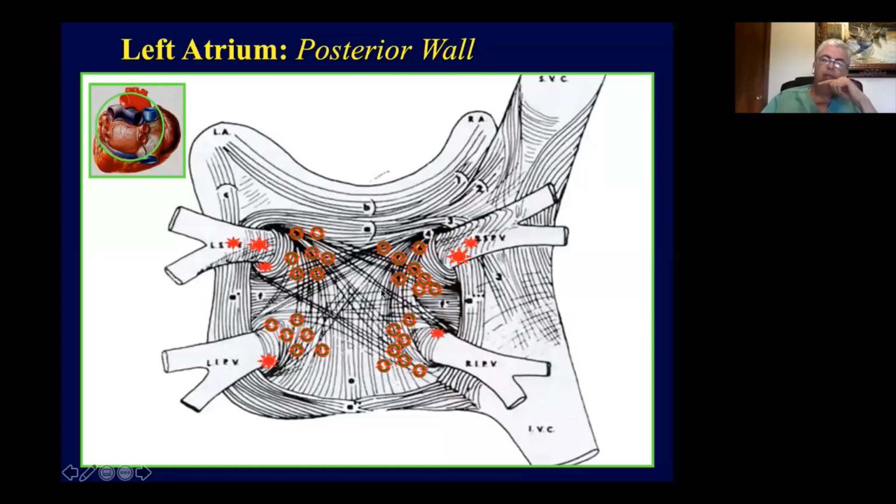So if we look at the back or posterior side of the heart, focusing on the left atrium with the pulmonary veins, and if we dissect and look at the muscle fibers of the left atrium, they are like bundles of muscle fibers that cross in a somewhat random way, and they go around the opening of the pulmonary veins.